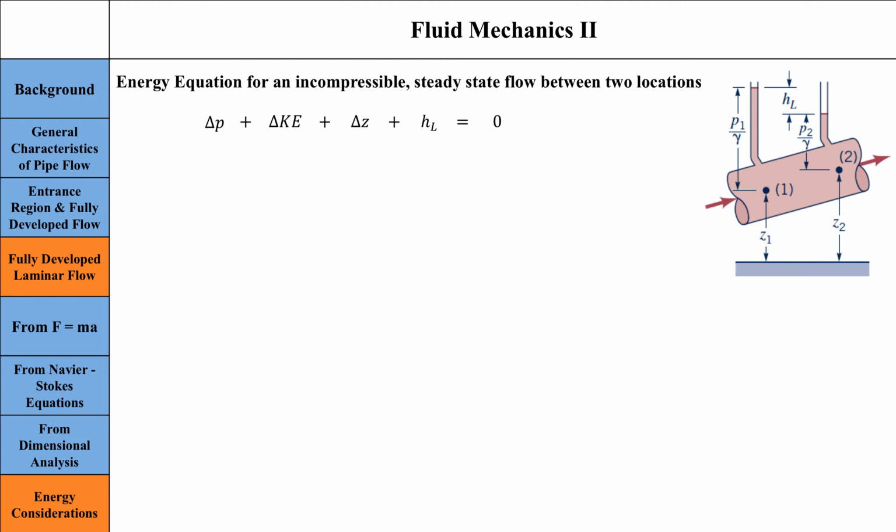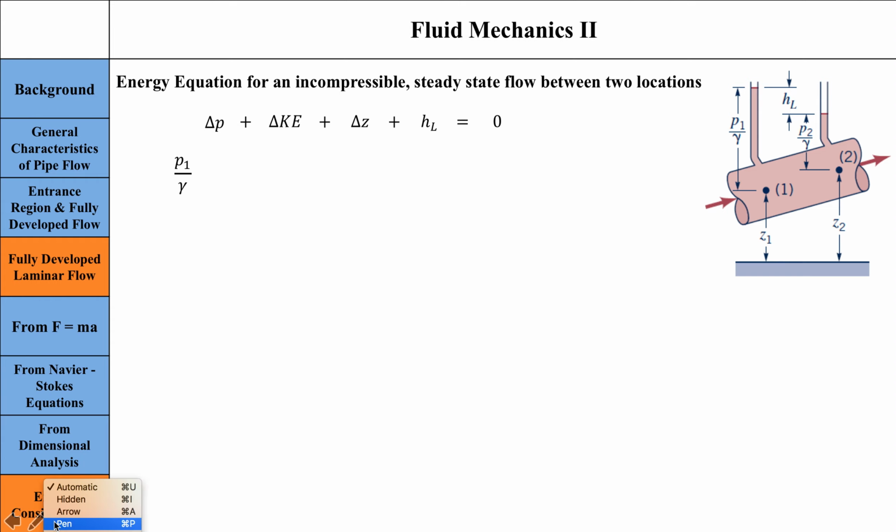And if I want to expand this equation now in terms of section 1 and section 2, in terms of P2 minus P1 pressure, or in terms of kinetic energy, what I can do is expand these terms and divide them throughout by specific weight here.